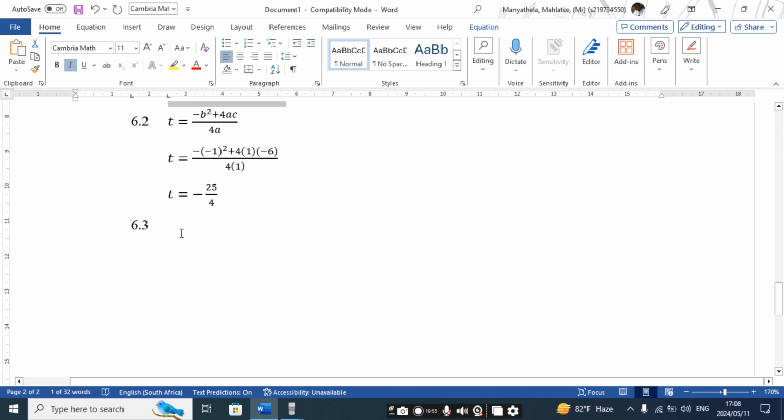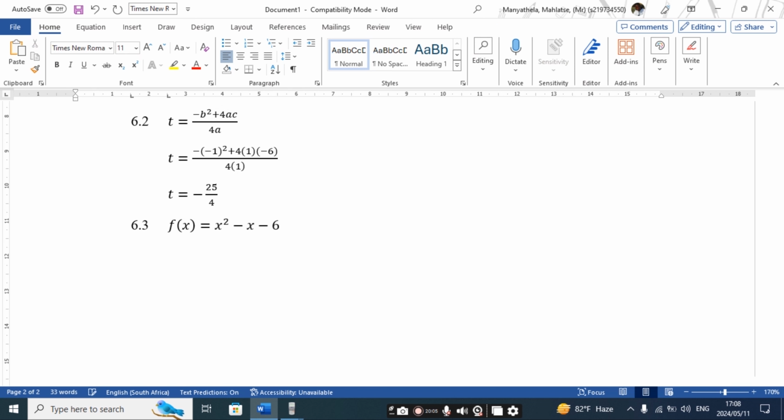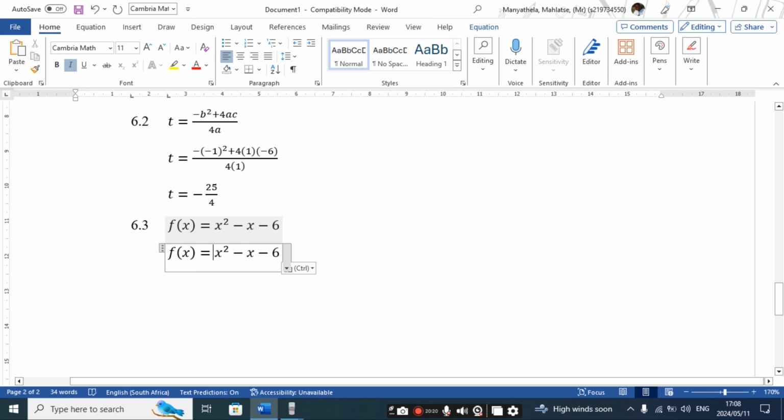When we determine the x-intercept of a quadratic function, or of any function for that matter, we let y be equal to 0. So I'm just going to copy this equation, rub off these things, and then equate it to 0.